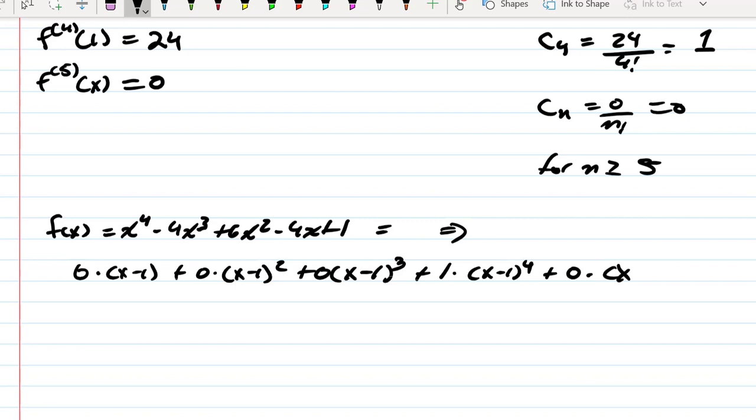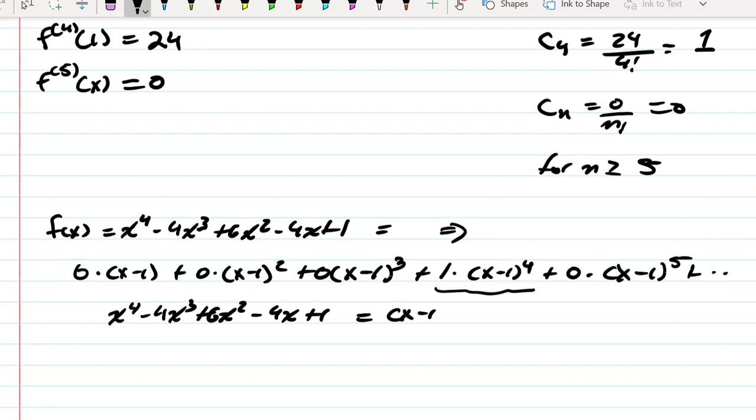And in fact, all of the other terms are going to be 0 as well. So then this tells us that it's equal to just this term. So x to the fourth minus 4x cubed plus 6x squared minus 4x plus 1 is equal to x minus 1 to the fourth power. And that would be its Taylor series centered at 1.